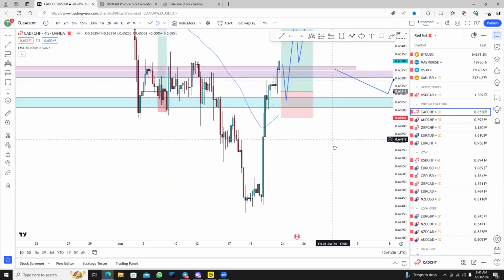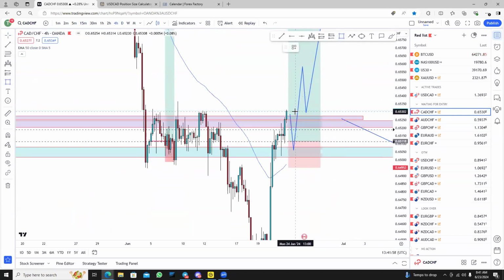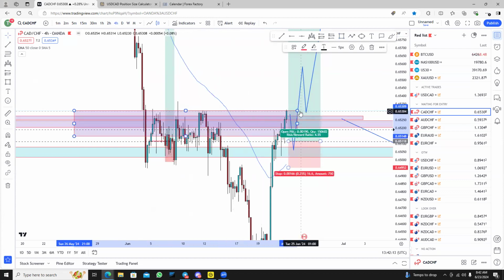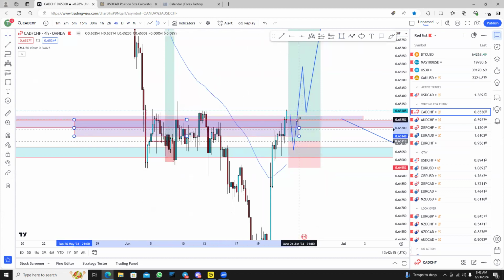Now we're coming to the 4 hour, and it's the same thing. But 4 hours doesn't matter. You don't really look for areas of interest on 4 hours, but it's nice to kind of know what's going on. Let's go from the top down.